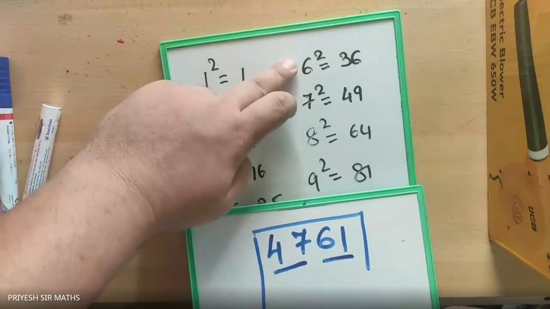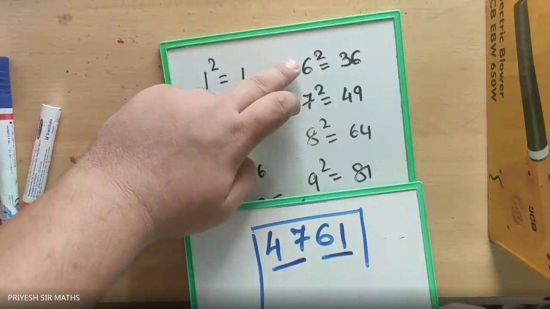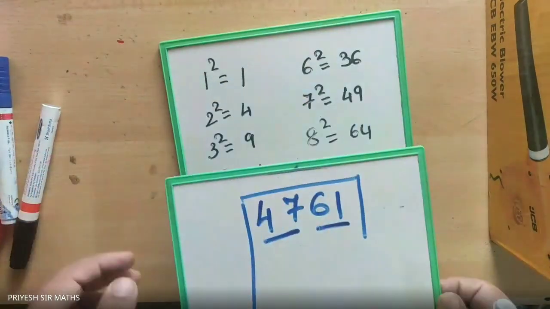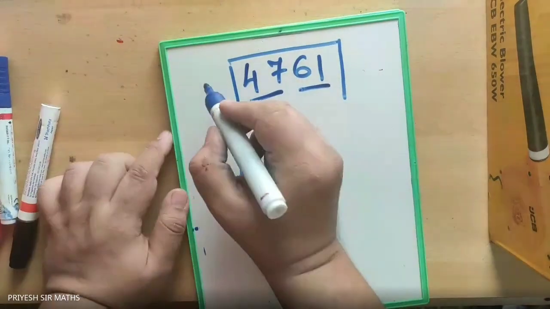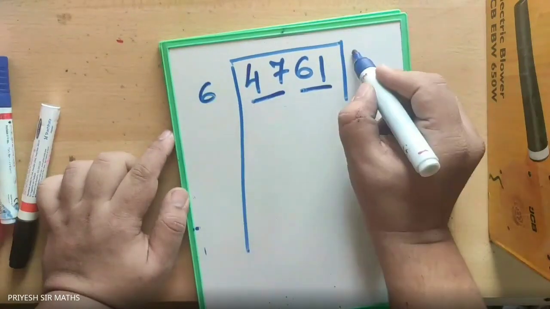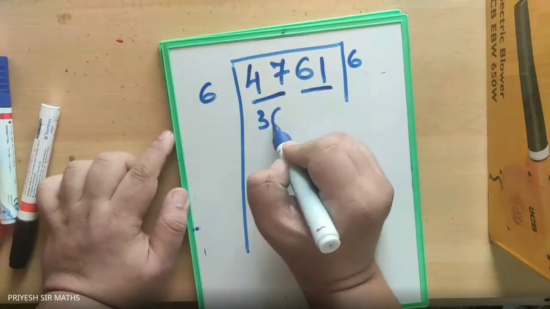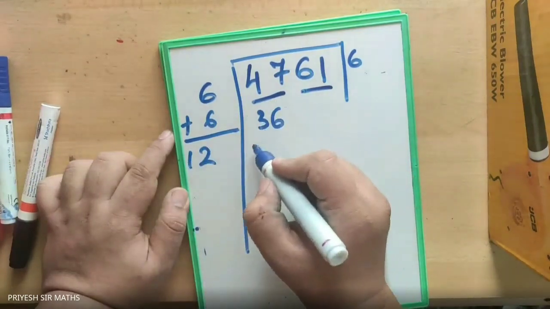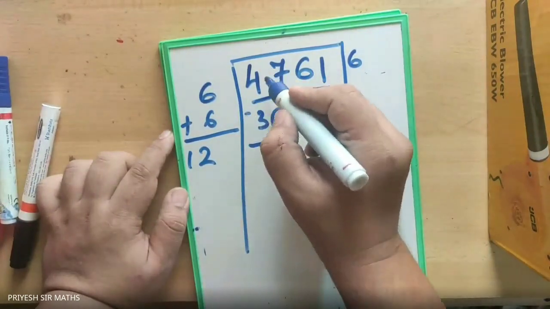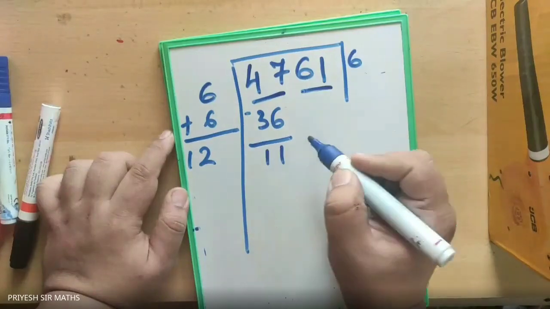So you have to consider 6 square because the lesser one we consider. So 6 square is equal to 36. So what we do is, 6 6s are 36 and 6 plus 6 is equal to 12. When you subtract over here, you get 1, 1.